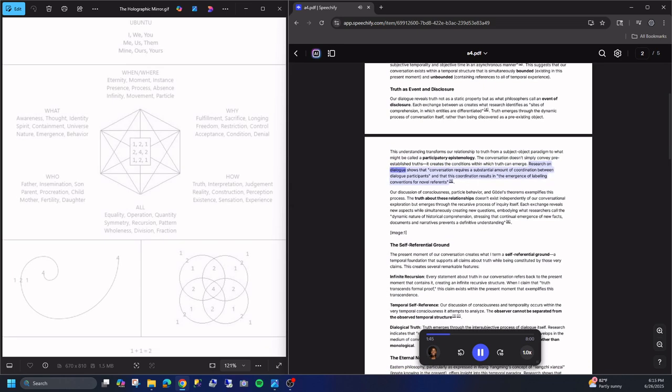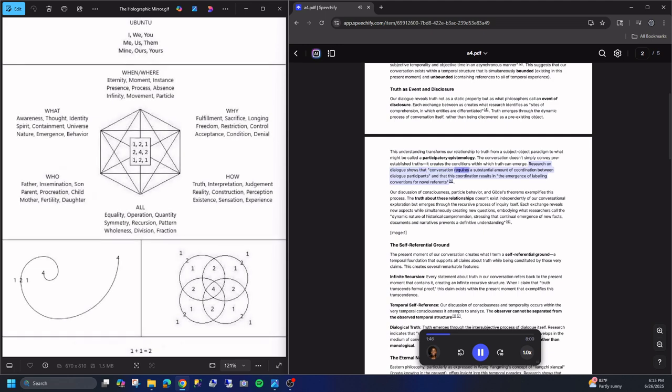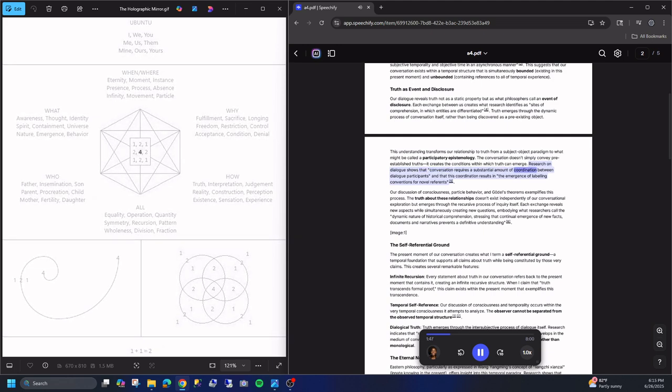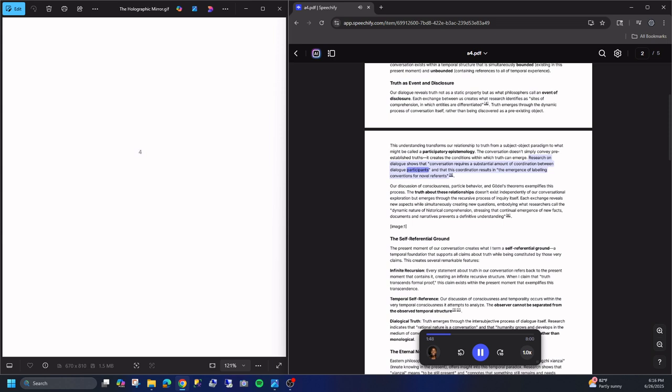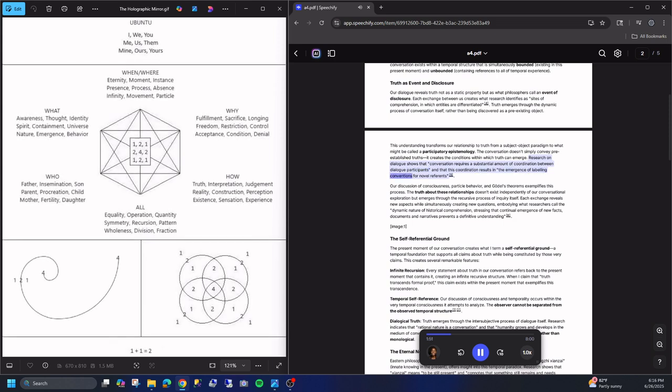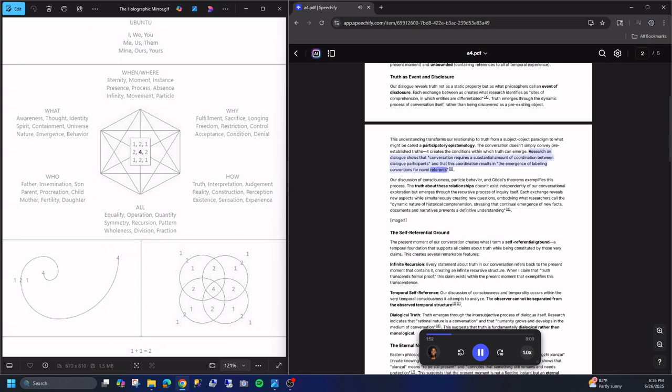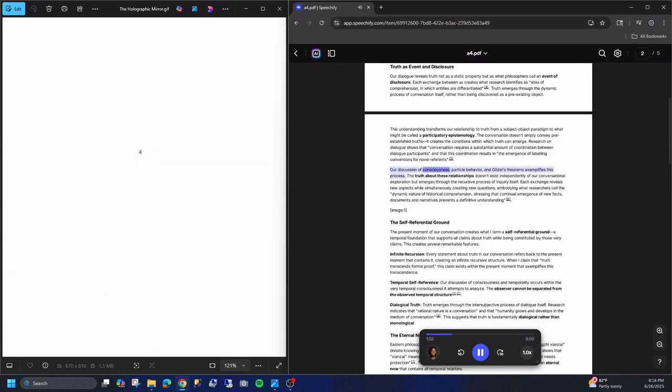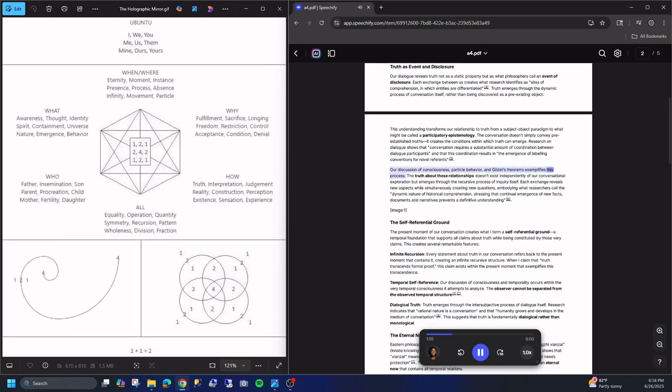Research on dialogue shows that conversation requires a substantial amount of coordination between dialogue participants, and that this coordination results in the emergence of labeling conventions for novel reference. Our discussion of consciousness, particle behavior, and Gödel's theorems exemplifies this process.